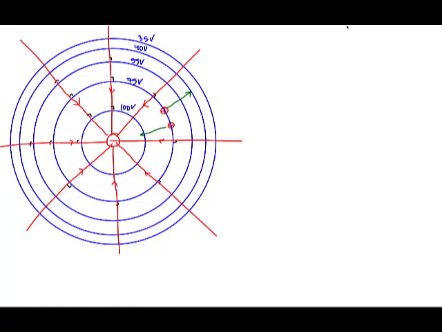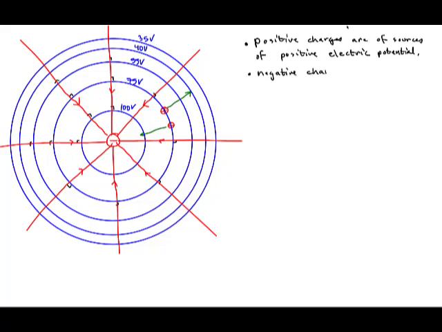We should also note that positive charges are sources of positive electric potential, while negative charges are sources of negative electric potential.